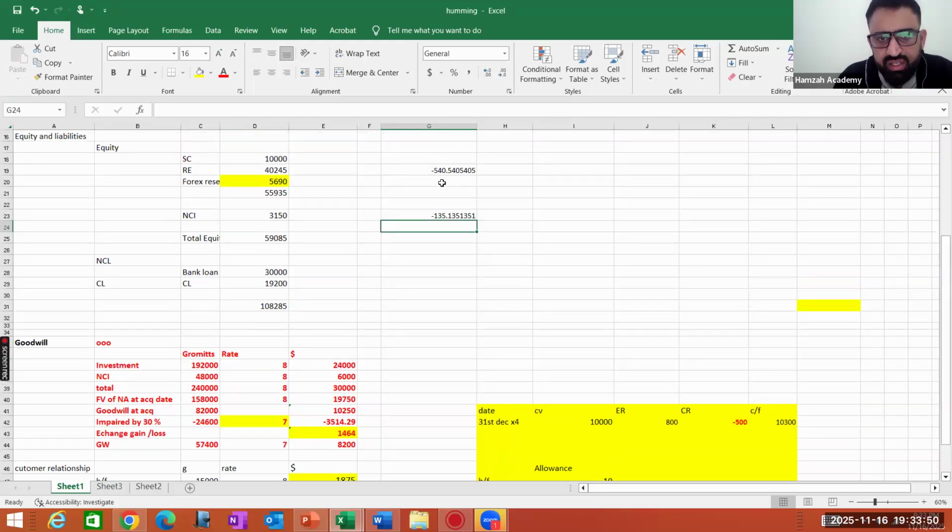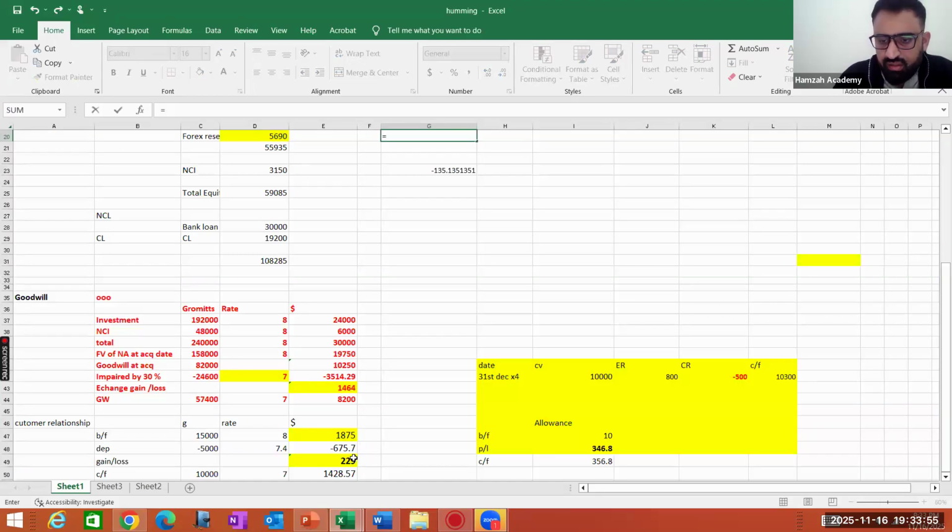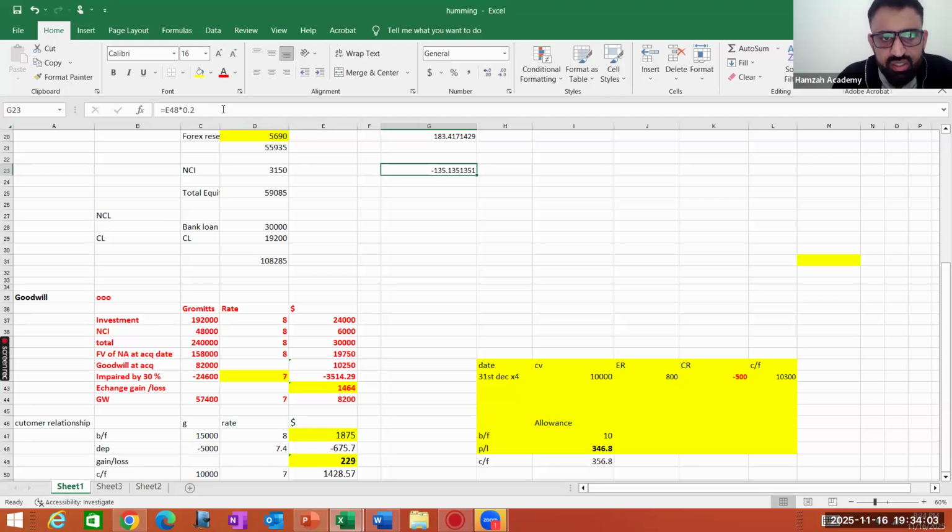Now, in 229, 80% belongs to group, but dear students, 20% belongs to NCI. So the net effect on the NCI will be 89.28. Got it?